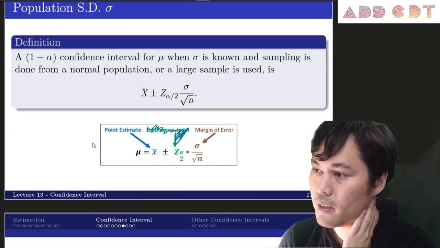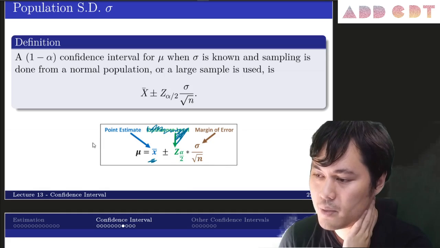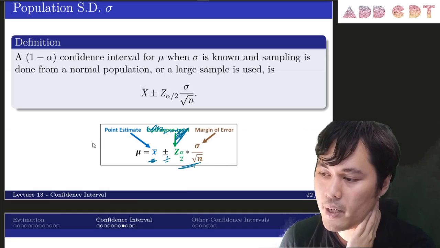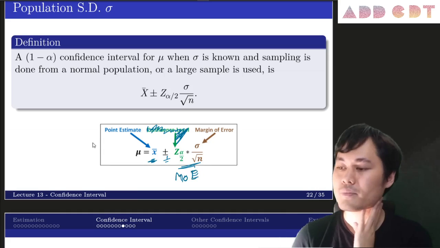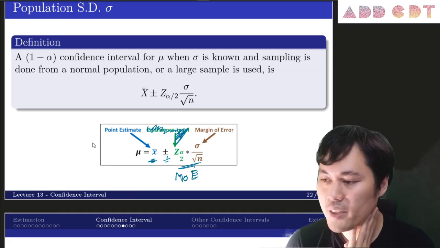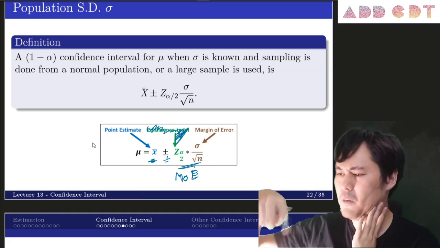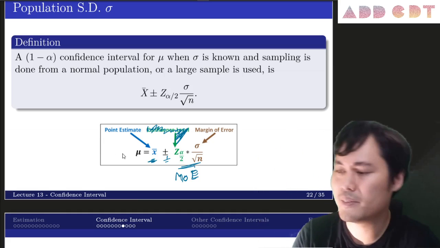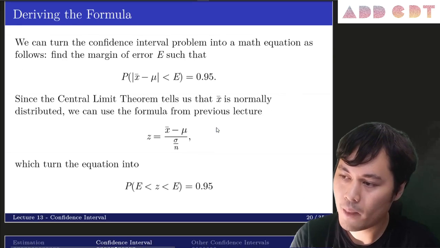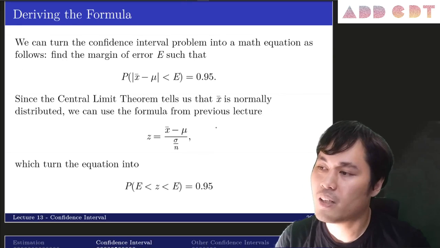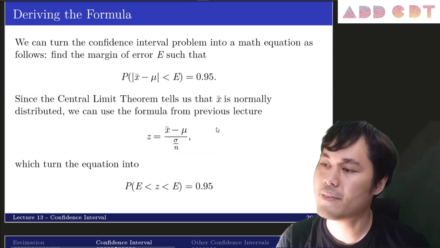So we have that estimate plus or minus some error, the margin of error, MOE. And our task is to determine how to capture that error. And this is the mathematical way to get that error.